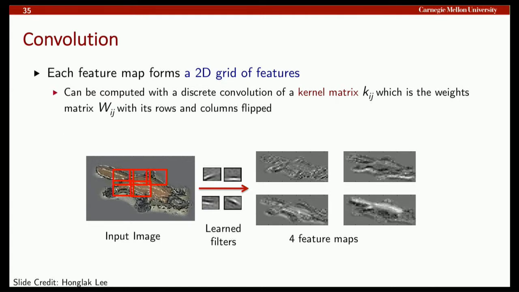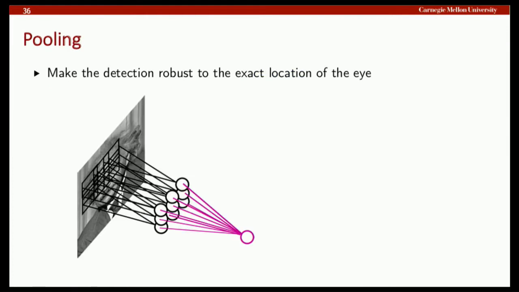And then the final idea is the idea of pooling. The idea of pooling is to try to introduce some notion of translation invariance, right? So if I look at the output of my convolution, I can just pick a particular region and take the average or take the maximum.